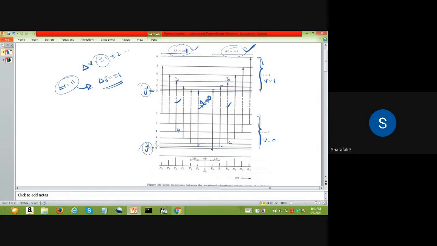So for all these transitions, delta J is equal to minus 1, and for all these transitions we have delta J equal to plus 1. Whatever transition has delta J equal to plus 1, we call the R branch. And whatever transition has delta J equal to minus 1, those are the P branch.